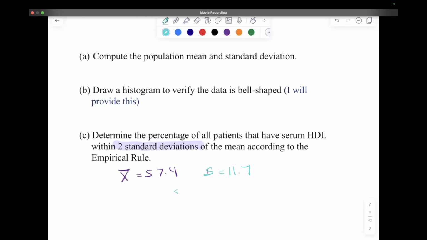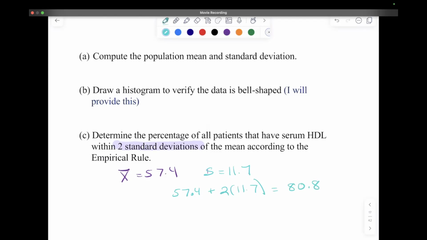I'm going to take 57.4 plus 2 times 11.7. So I'm going to put that in my calculator. So that's 80.8. So that is the upper.